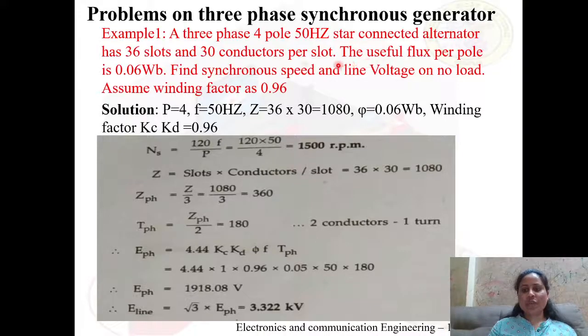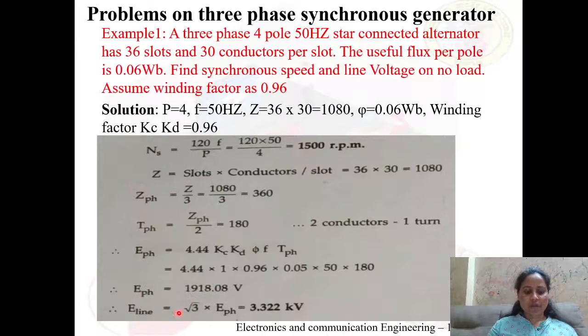The useful flux per pole is 0.06 Weber. We need to find the synchronous speed, that is Ns, and the line voltage E line on no load.